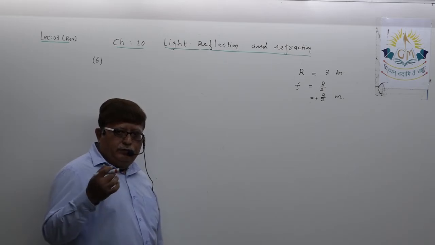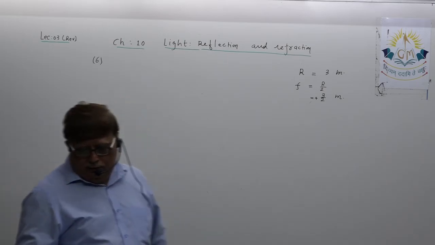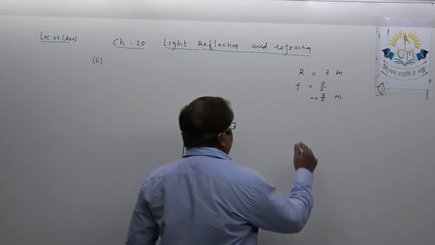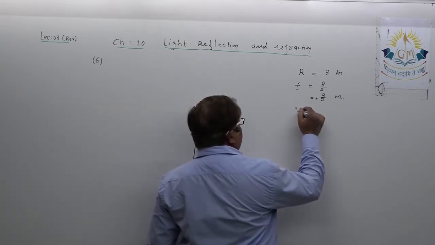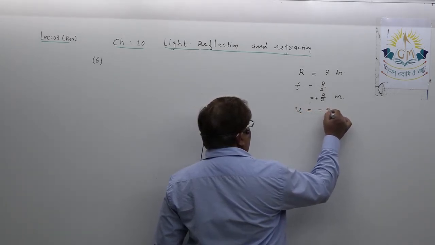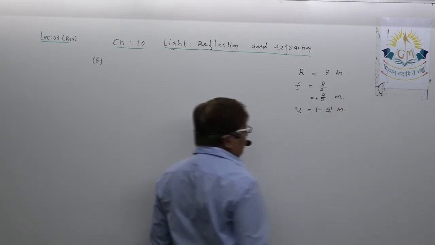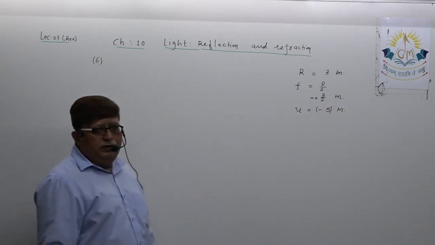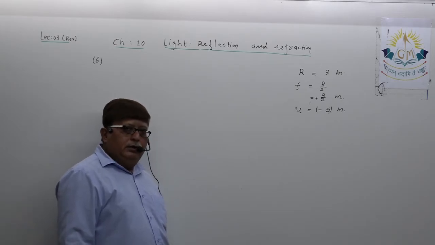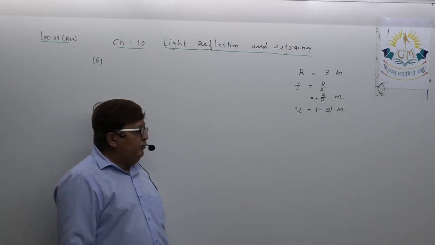Now the bus is located how many meters away from the mirror? 5 meters. So the object distance has already been mentioned to you. Object distance, no matter what the mirror is, is always taken as per Cartesian sign rule as minus 5 meter. Understand?